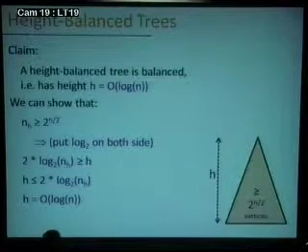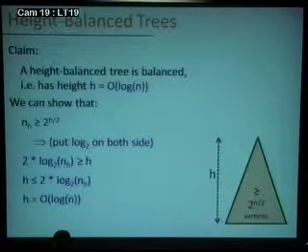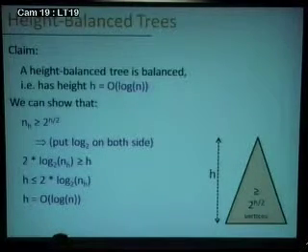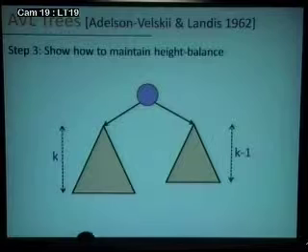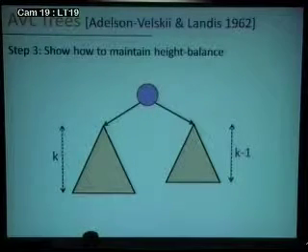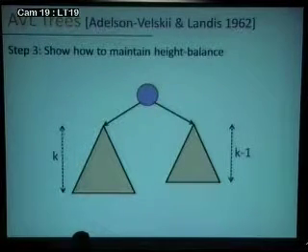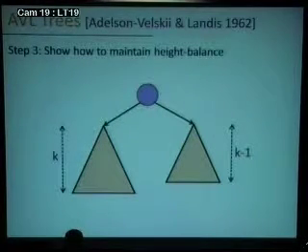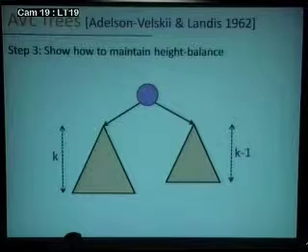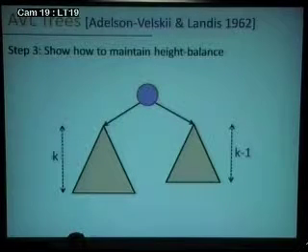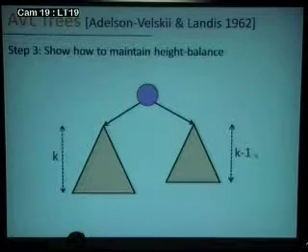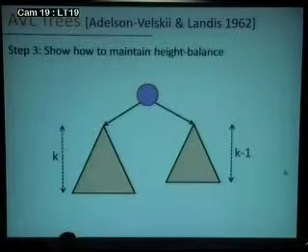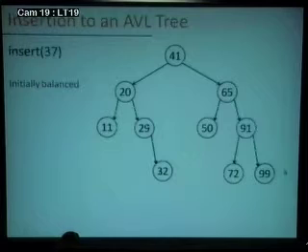The height of my AVL tree will be at most 2 log n or log n, right? So, the final question then becomes how they can always maintain height balance for every node. Okay. So, if I have a node, either my left is k, the height k, or my right is k minus 1, or my right is k, or my right is k plus 1. Right? How to always maintain this?